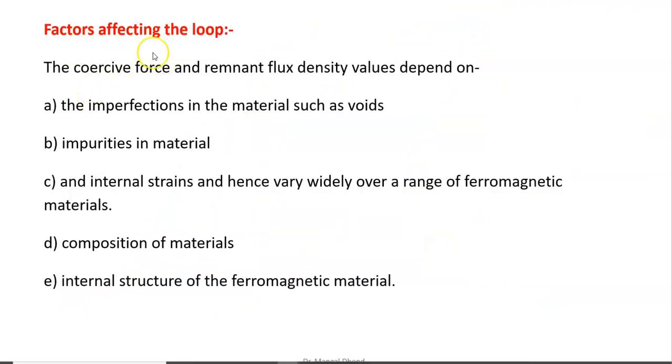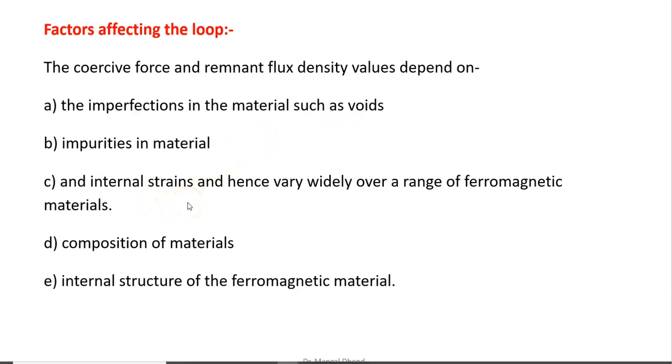So what are the factors affecting the loop? Coercive force and remnant flux density of the material depend upon imperfections in the material, such as voids. If voids are there, as in iron stamping, your loss will be more. Impurities in the material will affect the area of the loop.